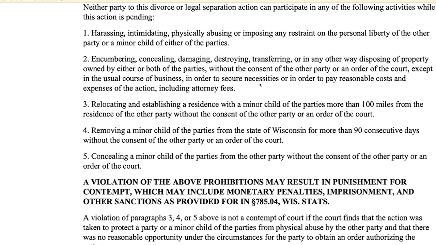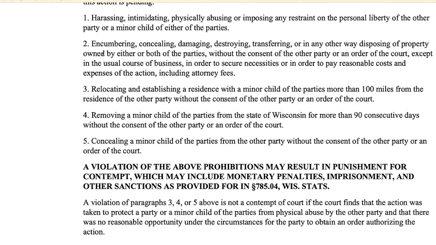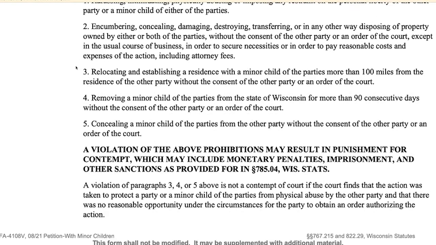You can get necessities. You can do the usual course of business like paying bills, if you have a business, running the business, as long as it's separate. And you can use your money to pay the reasonable costs and expenses of this action, including attorney's fees. But anything other than that, anything that looks like you're trying to saddle your spouse with a bunch of debt or hide assets, don't do it.